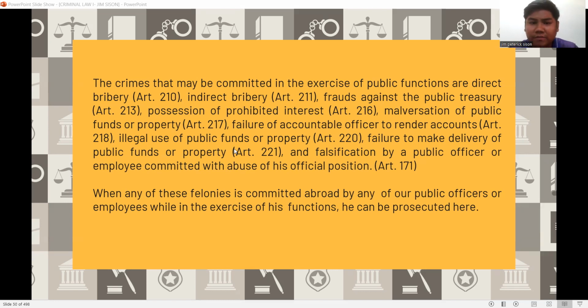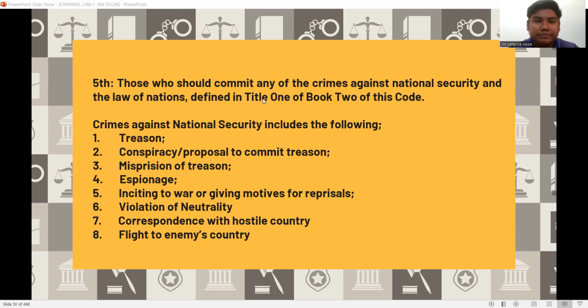Then illegal use of public funds or property, that's Article 220. And failure to make delivery of public funds or property, Article 221. And falsification by a public officer or employee committed with the abuse of his official position, that's Article 171. So when any of these felonies is committed abroad by any public officer or employee while in the exercise of his functions, he can be prosecuted here in the Philippines.